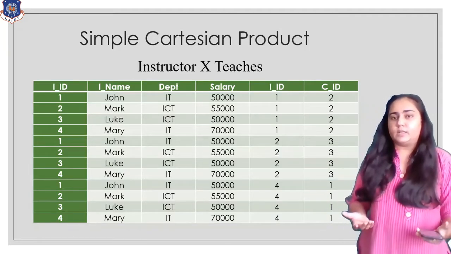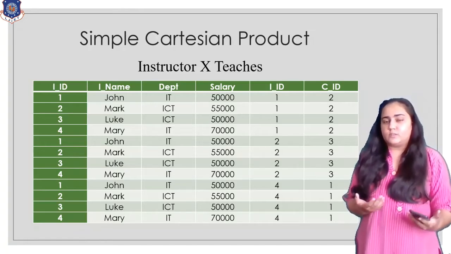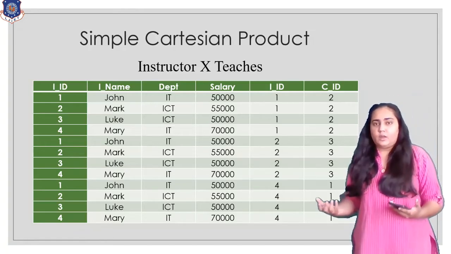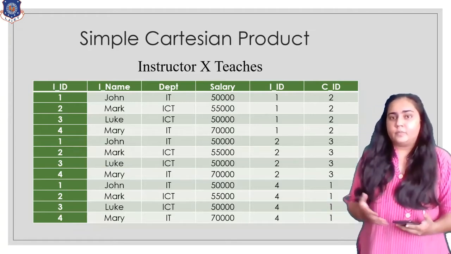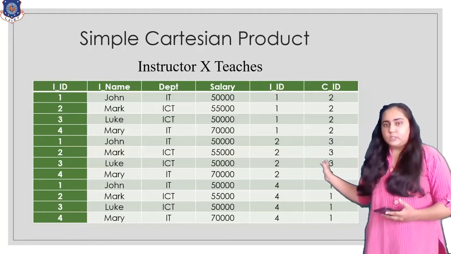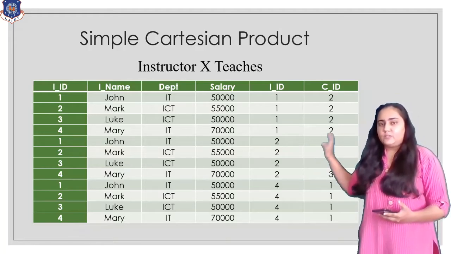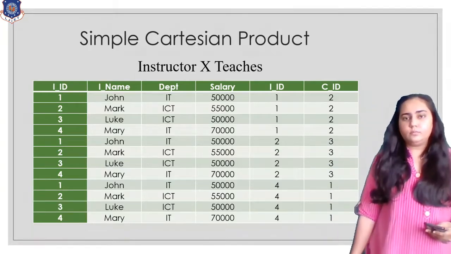And once you do that, you will get some useful information. You will know which instructor is teaching which course. Of course, you'll only get the ID of the course, but you will still get it. So whenever the ID of instructor matches, you can say that that instructor is teaching this particular course ID.